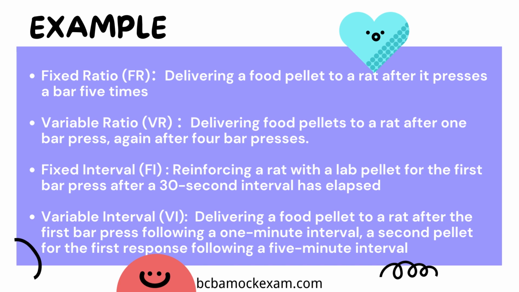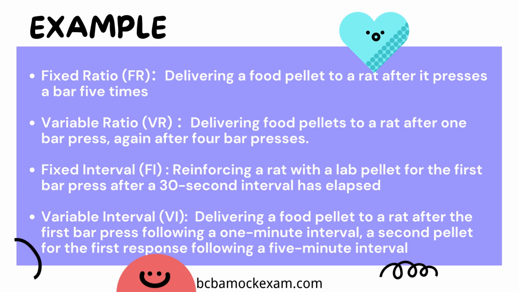In contrast, a variable ratio VR reinforcement schedule involves delivering food pellets to a rat after an unpredictable number of bar presses. For example, if the rat is reinforced on a VR5 schedule, it may receive a food pellet after 1 bar press, then after 4 bar presses, then after 6 bar presses, and so on.